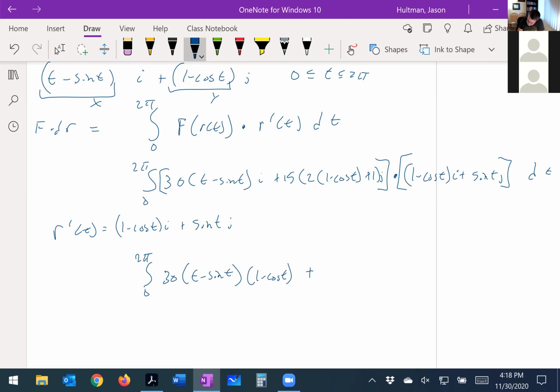I'll just do 15 sine t times 2. I could distribute the 2 as well, but whatever. 2 times 1 minus cosine t, plus 1. There's a parenthesis there. Plus 1.